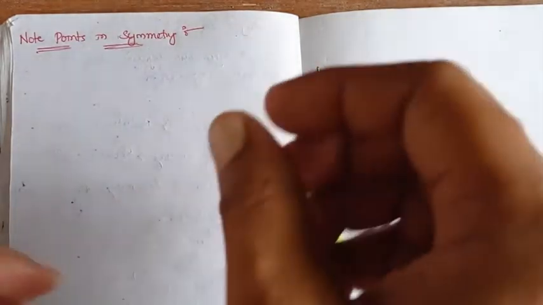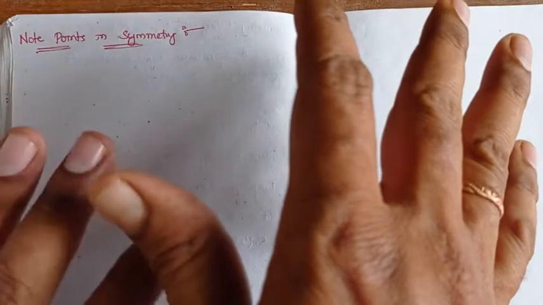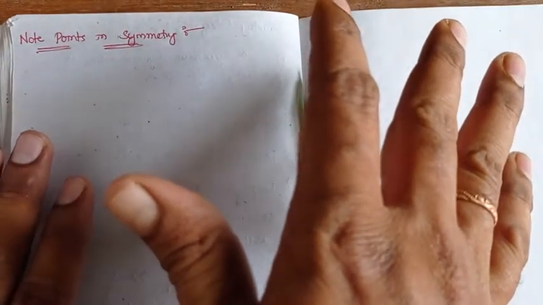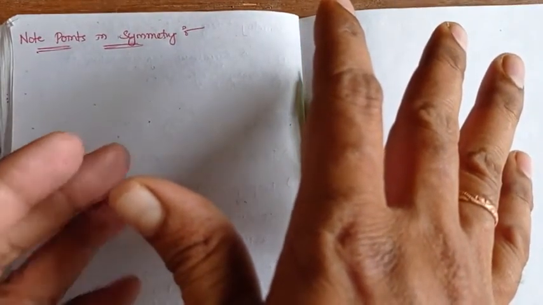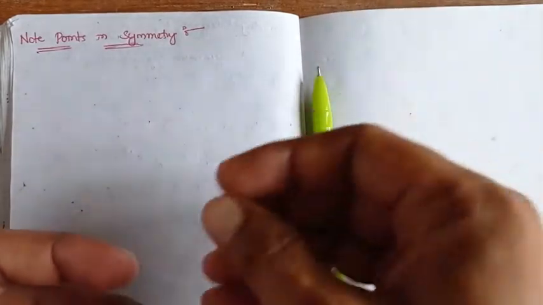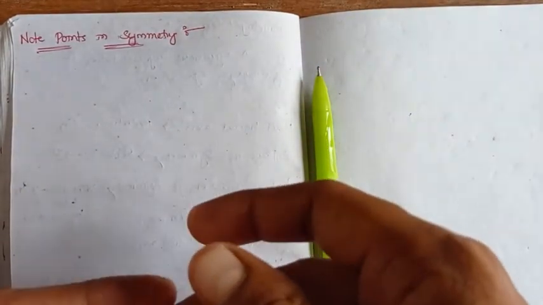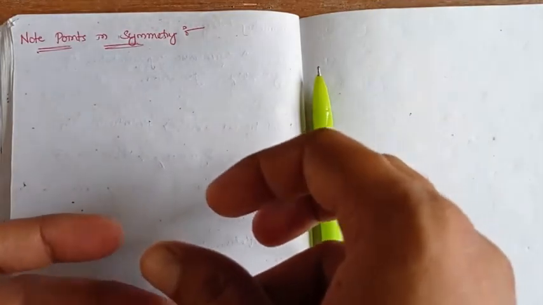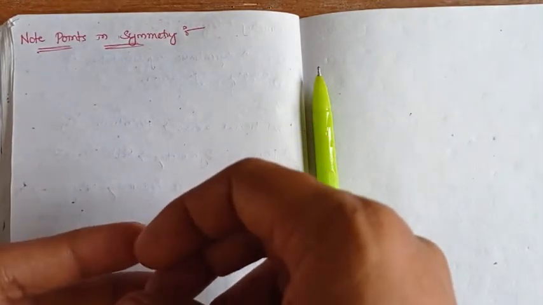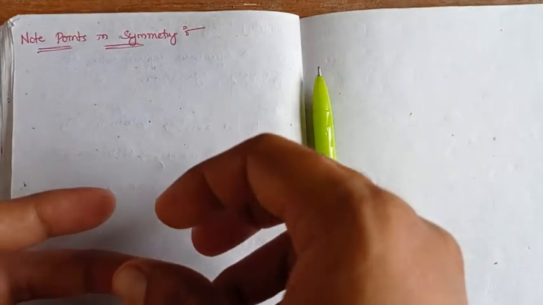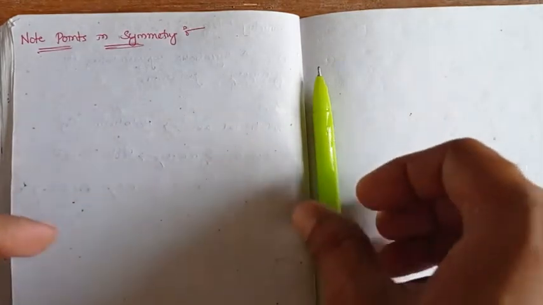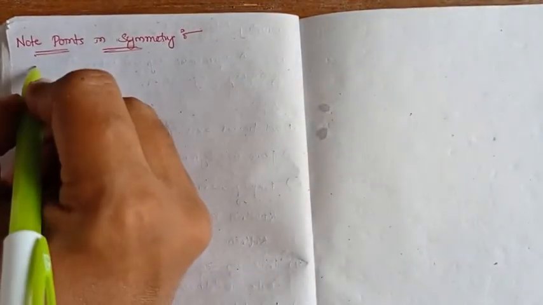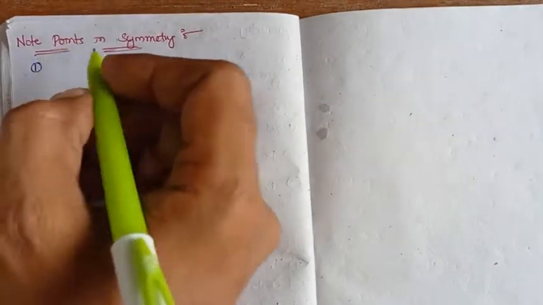Okay, so for that equivalent configuration generation in a molecule while we do the symmetry operation, there are 2 points where we have to concentrate, right?